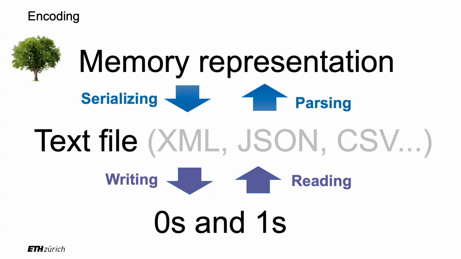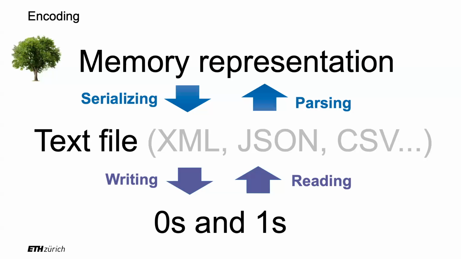And that's the bottom layer. So you can read and write zeros and ones from HDFS or S3 and then get it as text. And once you have the text, you can get out of that text an in-memory representation of the data. And what I mean with an in-memory representation is that in the memory, you are actually having a table structure or a tree structure or a graph structure or a cube structure in memory with the pointers and the way you organize the layout in the memory of your machine.